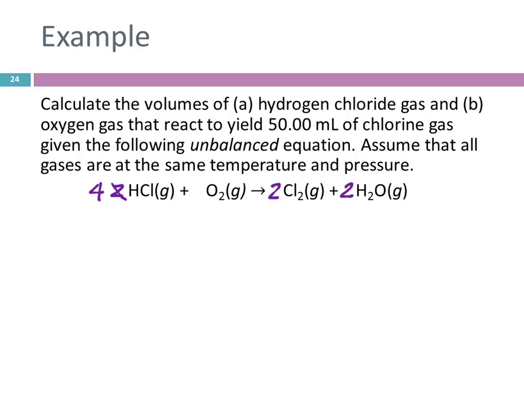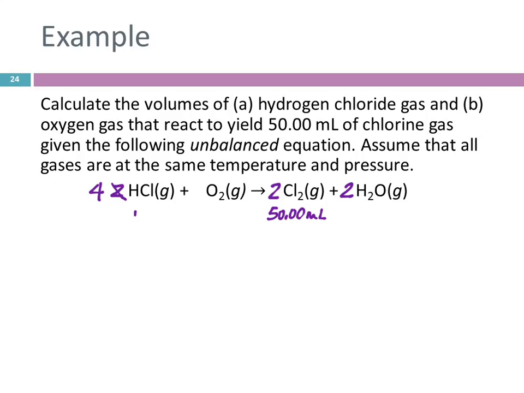So there are 2 things being asked here, but I'm only given one number, 50 milliliters of chlorine gas. So there's the chlorine. I'm going to write the 50.00 milliliters. For A, they're asking for volume of hydrogen chloride. So volume, this is in milliliters.